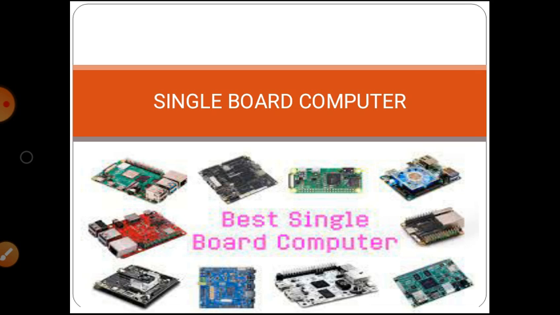In a previous video, we discussed the embedded system: what it is, the block diagram of an embedded system, how it works, its advantages and disadvantages, and finally its applications. Now, in this video, we discuss another point of embedded system design, the single board computer.